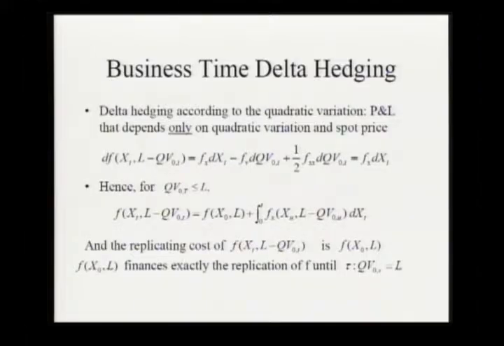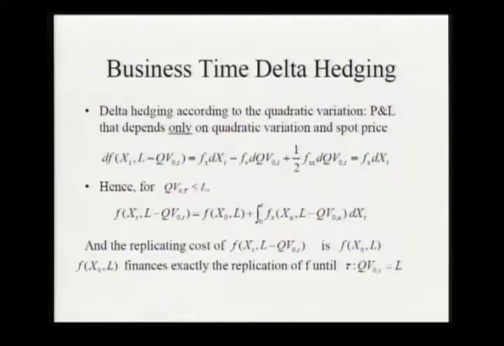So there is no tracking error, but now the uncertainty is about for how long you manage to do it, which will not necessarily be the maturity. It can be before or after. For instance, here, if your realized variance is smaller than the initial budget, you will manage to do it until the end.